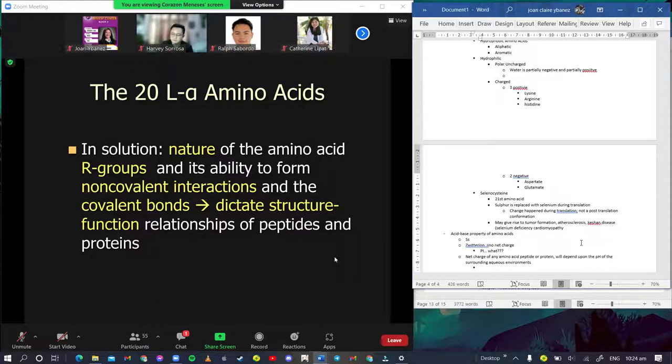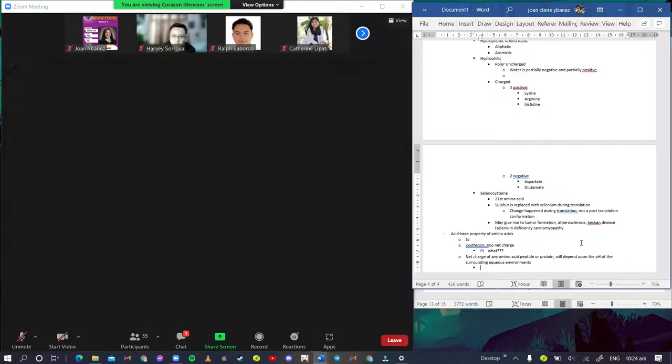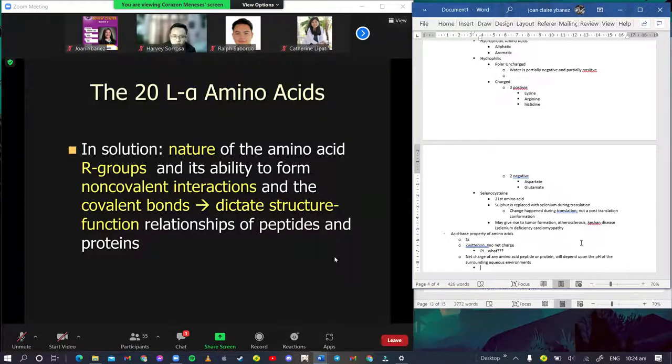And of course, you have the covalent bonds, referring to the disulfide and the peptide bonds, that will dictate the structure and function relationship of the peptides and proteins. So you now understand that the amino acid R group is the one that will dictate the structure of that particular peptide or protein, as well as the function.